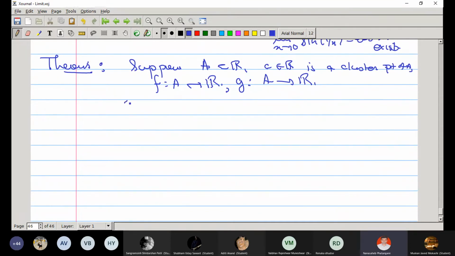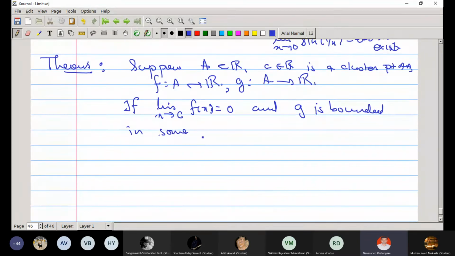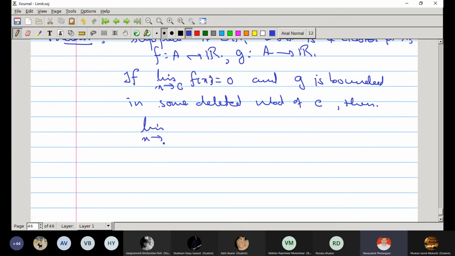So if limit x tends to c of f(x) is 0 and g is bounded in some neighborhood, deleted neighborhood basically, of c, then limit x tends to c of f(x) into g(x) is equal to 0.